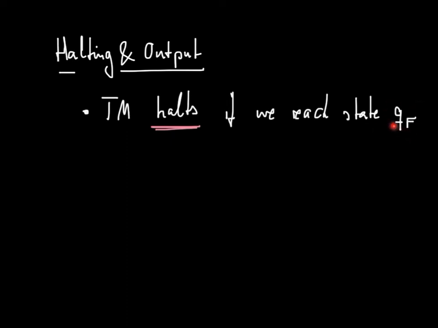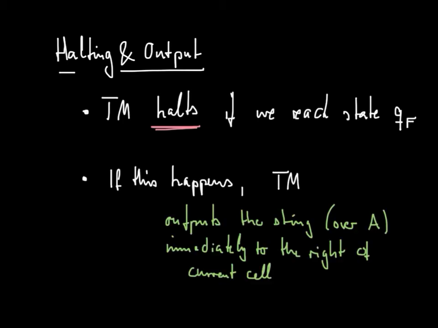Remember, that was the special state designating the final or halting state. Well, that might of course never happen, but if it does, then we say that the Turing machine outputs the string, and that's a string over A, the string that is on the tape immediately to the right of the current cell.